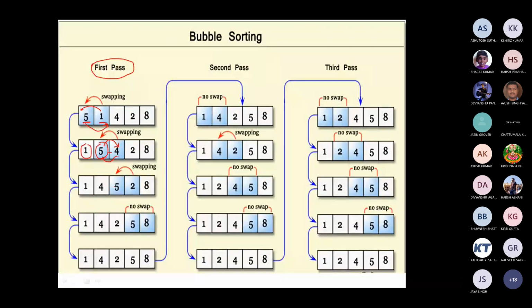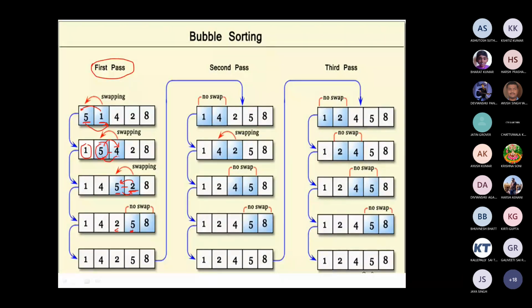Now in the third step, again compare this one and this one. We can see that 5 is greater than 2, which means again we swap the positions of those two values. So 2 comes here and 5 comes here.